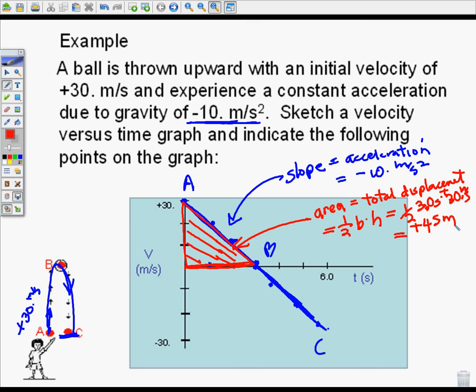So the total displacement after 3 seconds, 1, 2, 3, right here, is positive 45 meters.